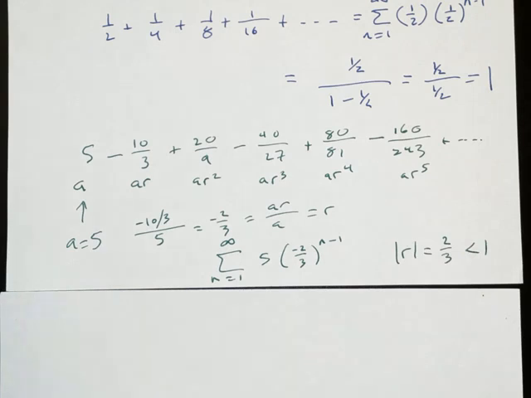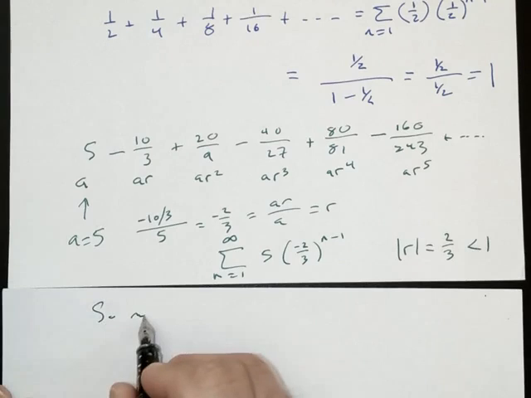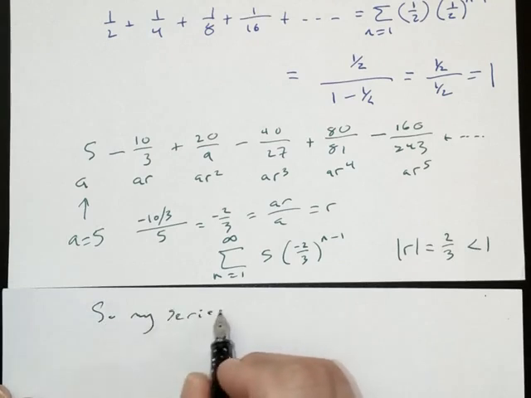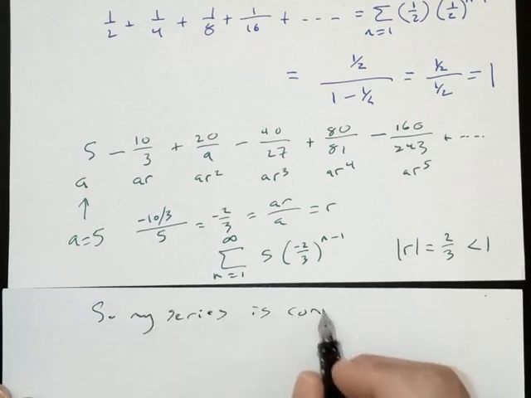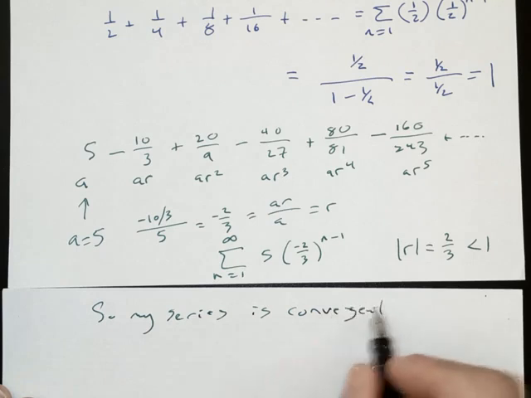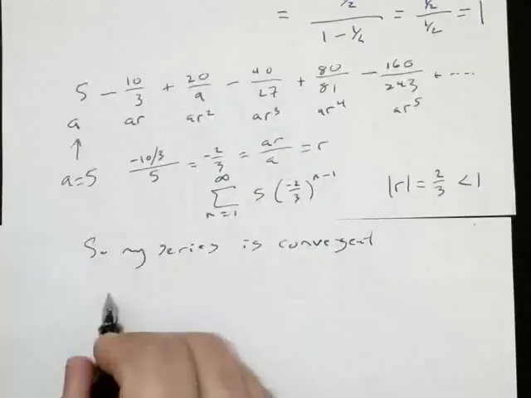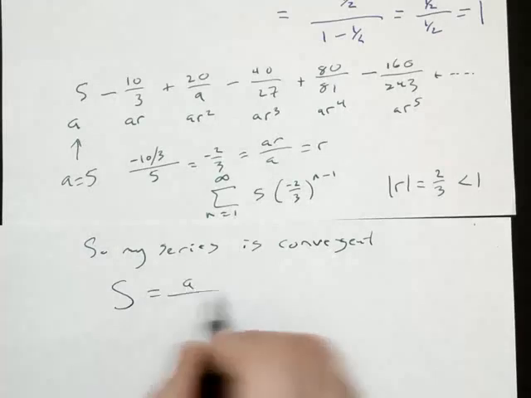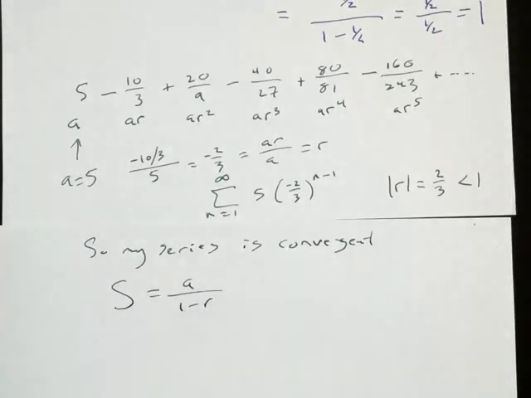And that tells me, Maddie, that it's convergent. That's exactly what I can do. The total sum is A over 1 minus R. I can add up infinitely many numbers right now.